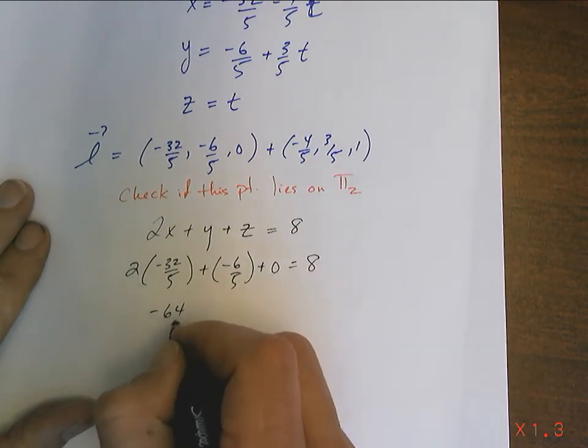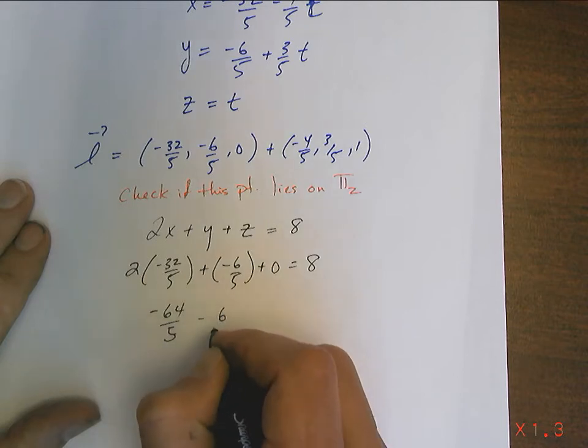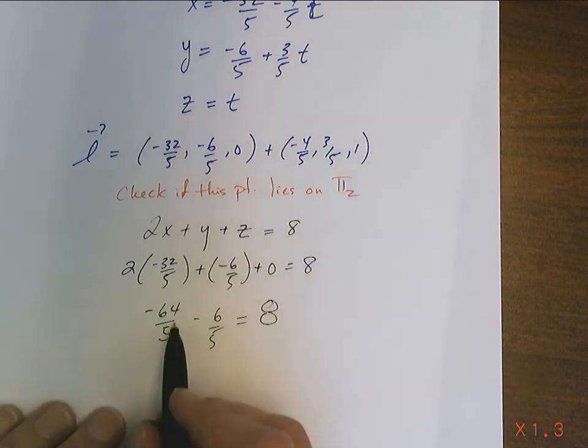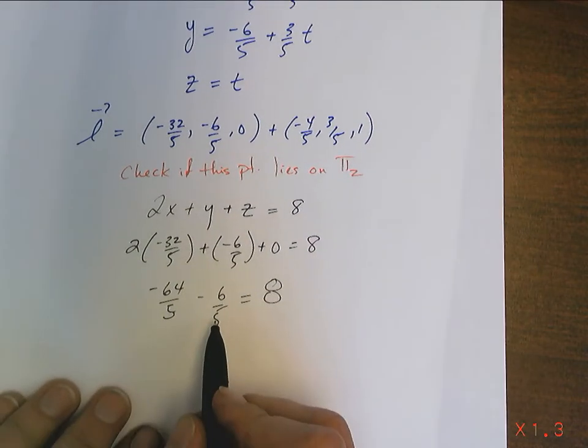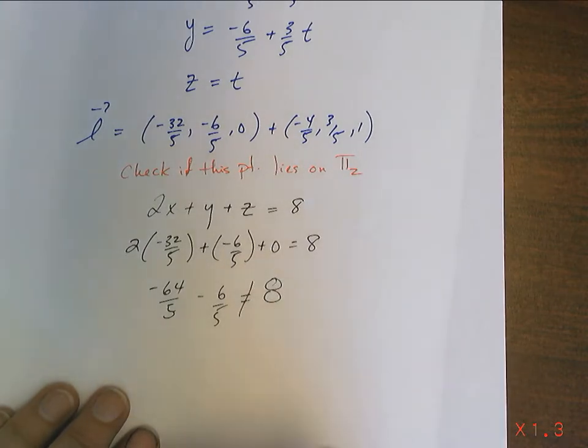Negative 64 over 5 minus 6 over 5. Ladies and gentlemen, is there any chance in heck that negative 64 over 5 take away 6 over 5 is going to equal 8? No. So, guess what?